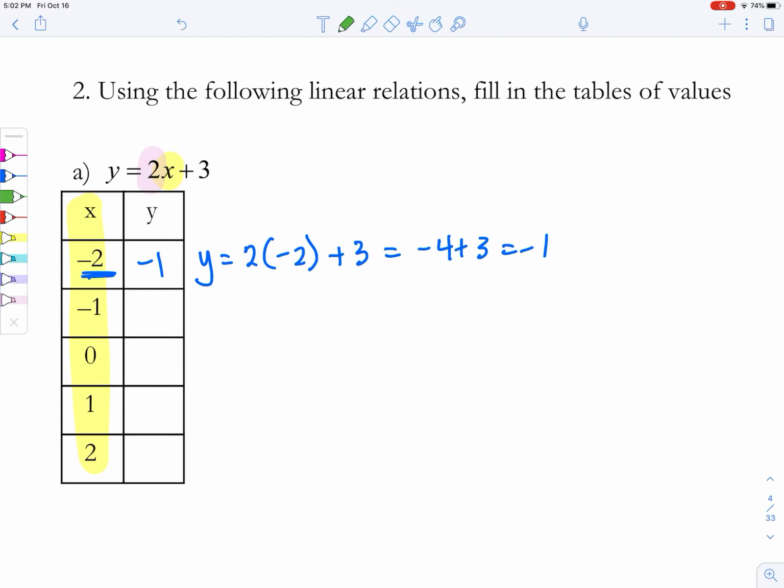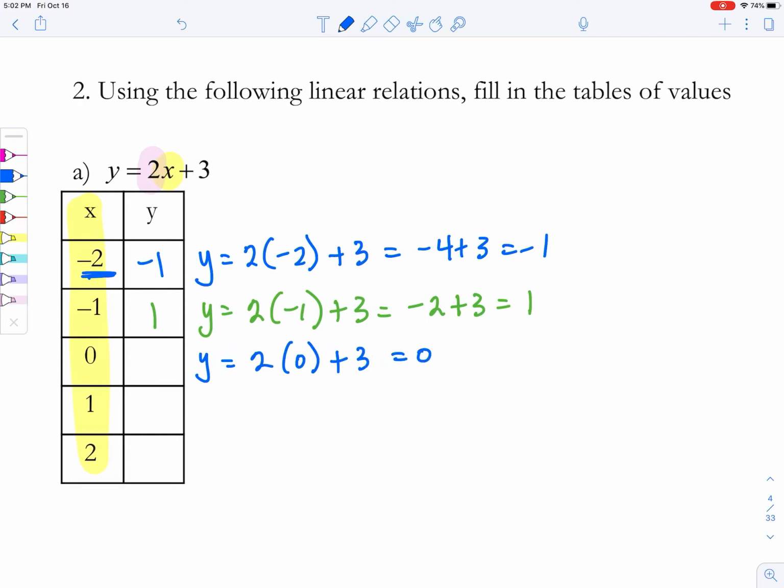I'm just going to change colors so it's easier to see. So here y equals 2 again, but now x is minus 1 plus 3. So that gives minus 2 plus 3, which gives me positive 1. Next one, 2 times 0 plus 3, which gives me 0 plus 3, which gives 3. And I'm starting to see a pattern.